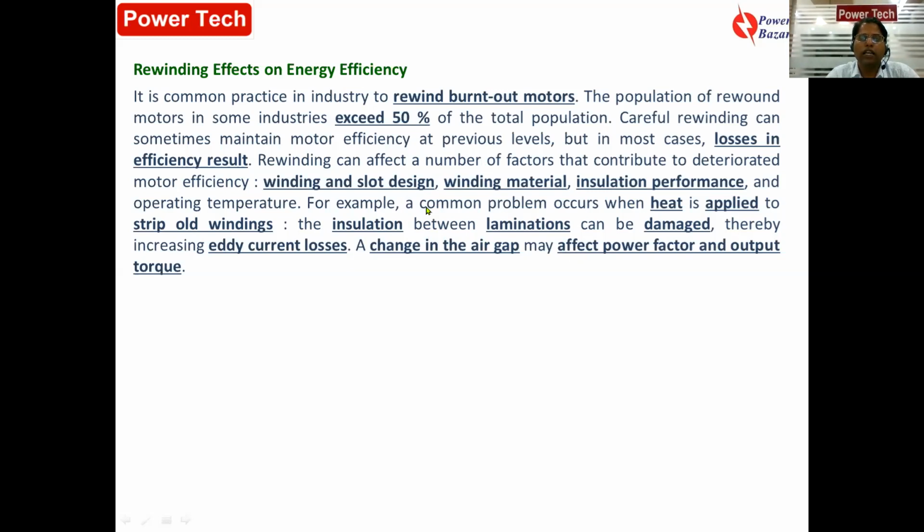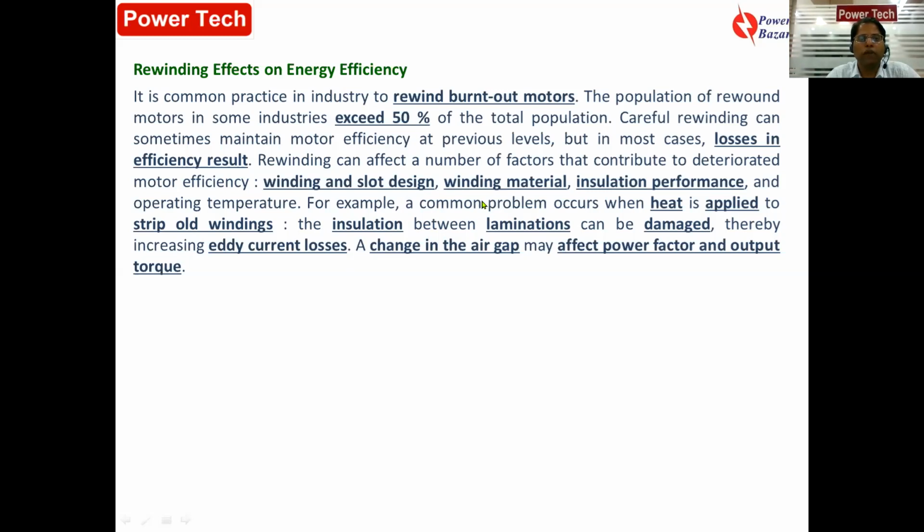On average, we can say that for each rewinding, the efficiency drops by 1%. So if a particular motor is rewound 4 times, there will be a 4% drop in efficiency. If the rewinding has been done 4 times, we need to discard those motors.